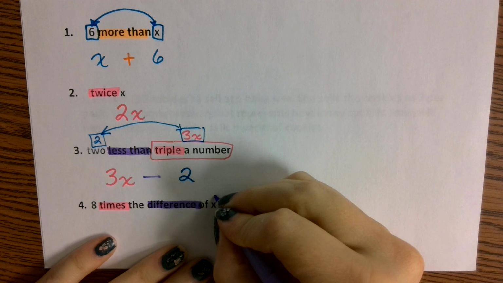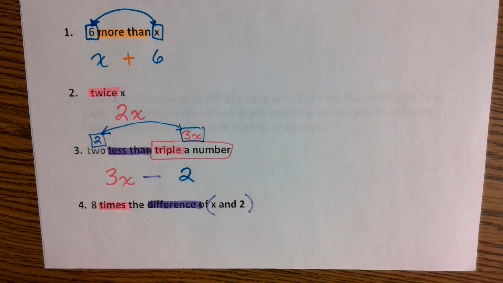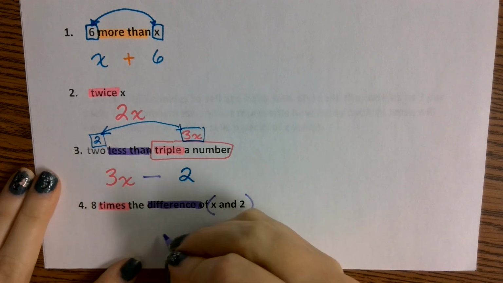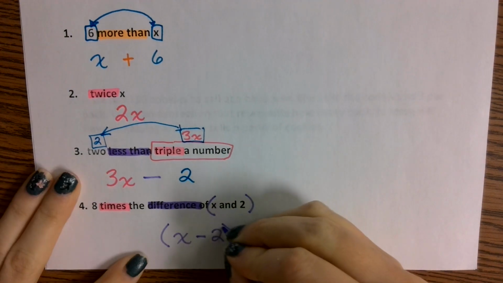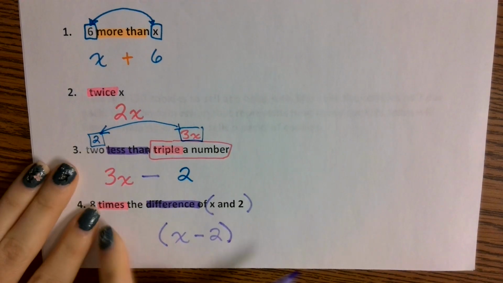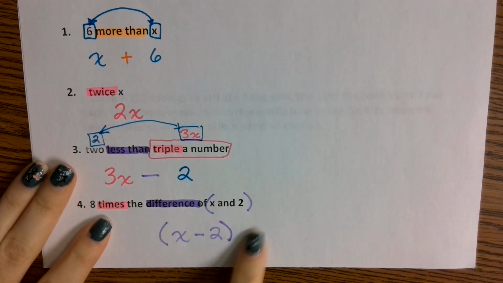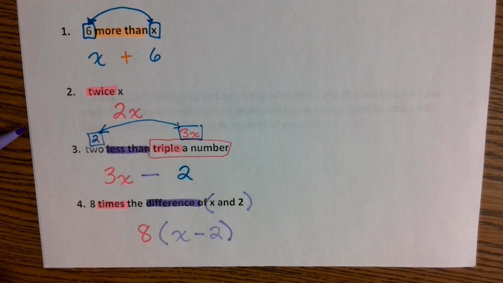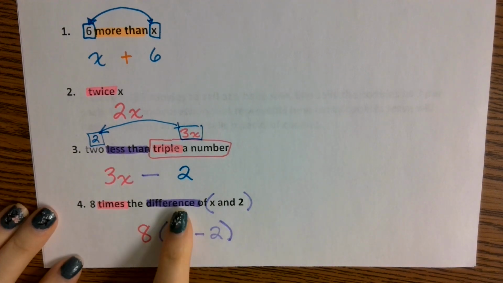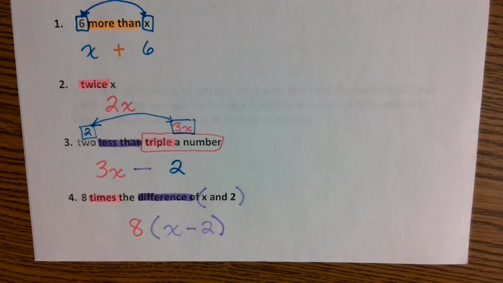So I'm going to be putting this x and the 2 in parentheses. That subtraction problem is going to go in parentheses. X minus 2 goes in parentheses because I'm doing 8 times that difference. So I have to find the difference first before I can multiply it by 8. This is what it should look like. 8 parentheses x minus 2.